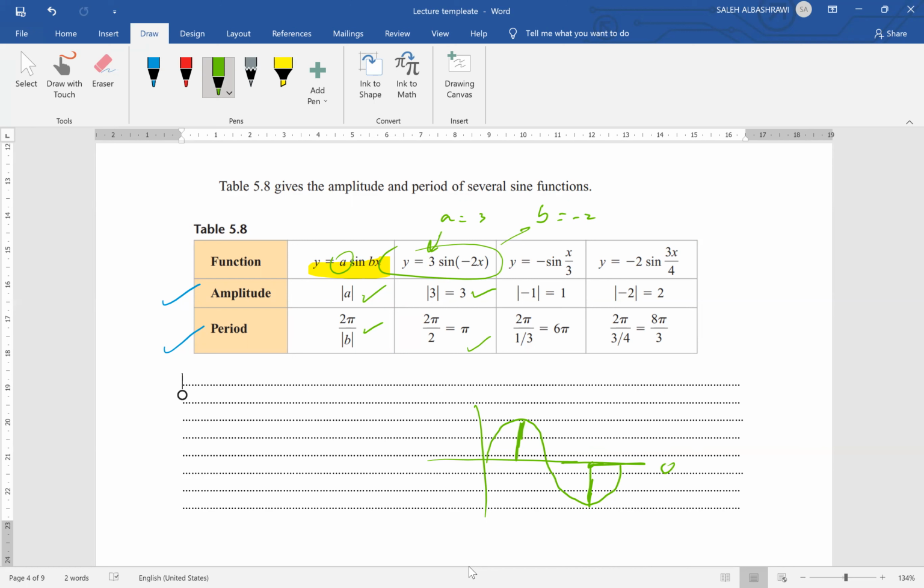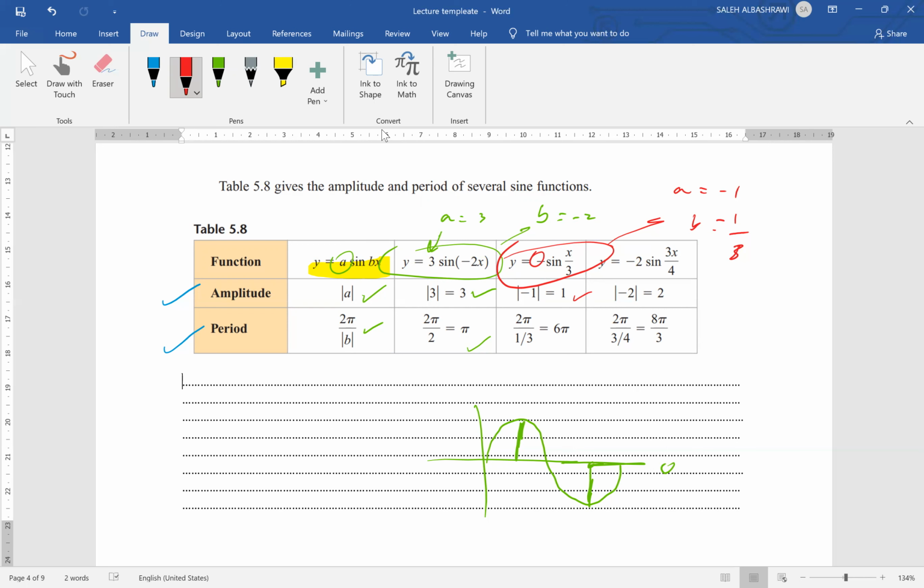In the second example, y equal to minus sine 3x over 3, a equal to minus 1, which is the coefficient of the function, and b equal to 1/3. So the amplitude is the absolute value of minus 1, which is equal to 1, and the period is equal to 2 pi divided by 1 over 3, which is equal to 6 pi.